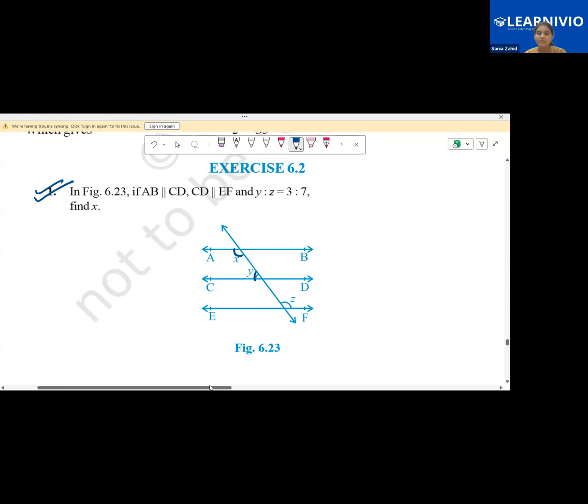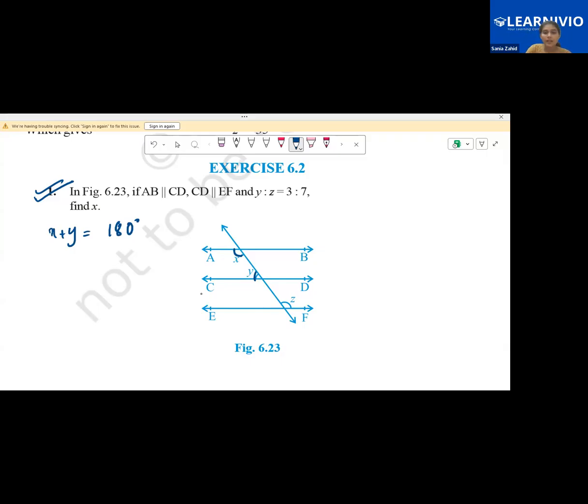What kind of angles are x and y? Co-interior angles. Very good, co-interior. So, Ammar, what is the property of co-interior angles? The property of co-interior angles is x plus y equals 180. Okay, x plus y is 180. Fine. So, I have this one equation with me. X plus y is 180.